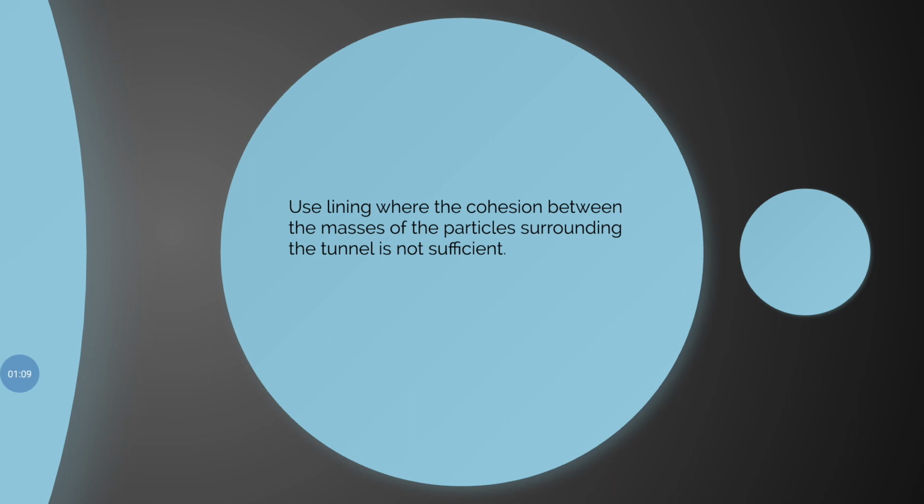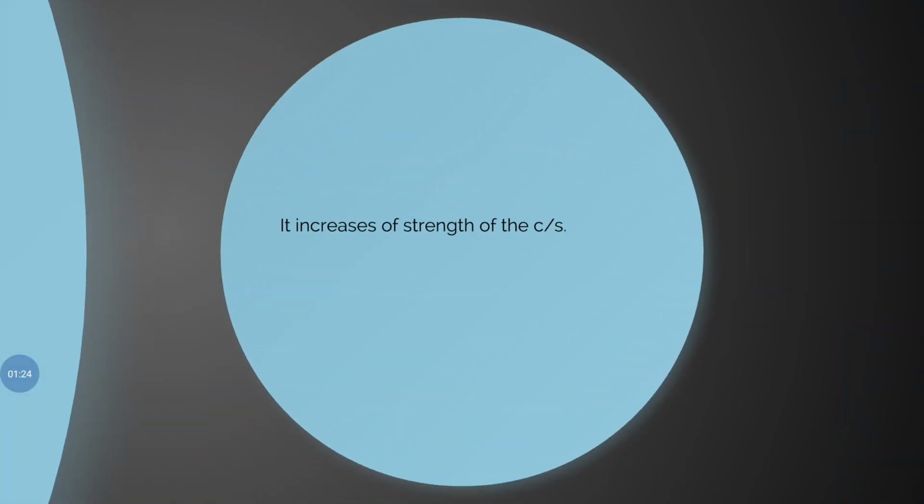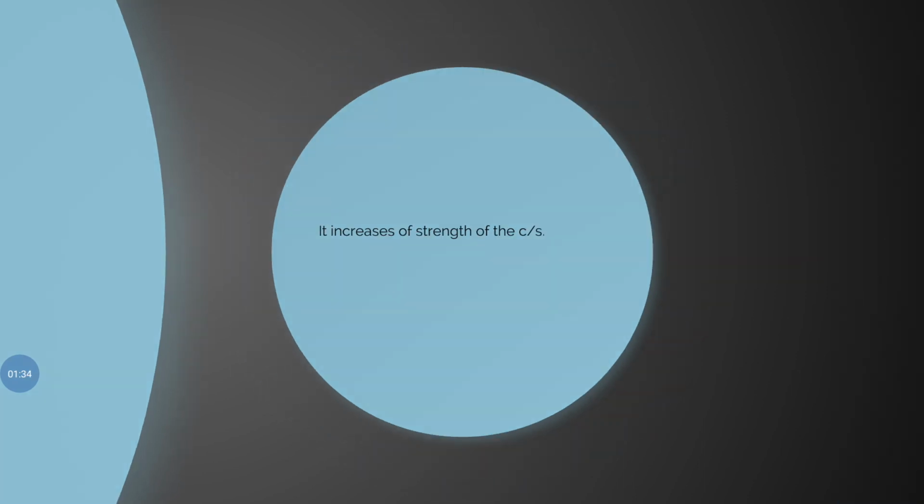And if the tunnel has to be protected permanently, or the cohesion between the surrounding particles of the tunnel is not sufficient, then definitely we can opt for tunnel lining. The tunnel lining shall provide good strength under internal and external pressure, or even heavy ground pressures as well.